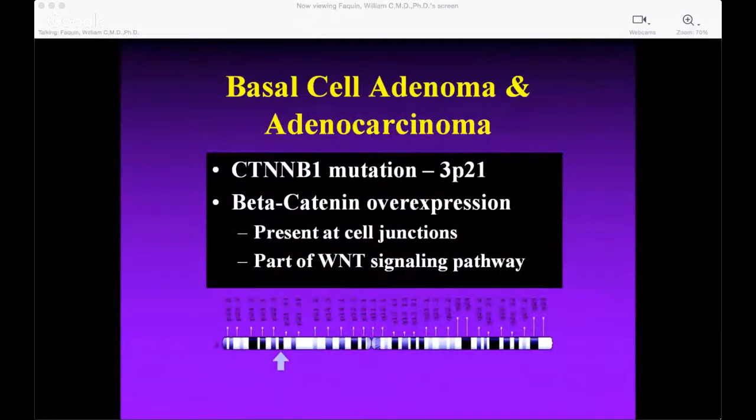And some of the work from several different groups, including that by Dr. Crane and Dr. Joe over at Brigham and Women's Hospital, have shown that a majority of basal cell adenomas exhibit mutations in the beta-catenin gene, and a subset of basal cell adenocarcinomas also have these.